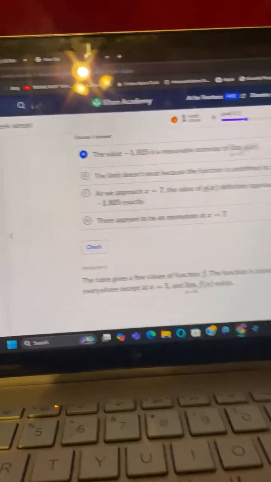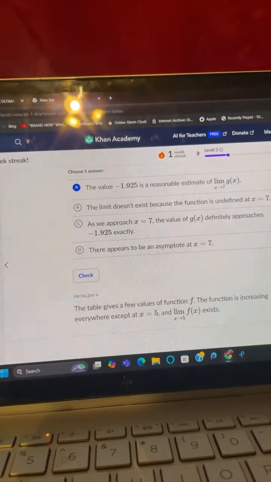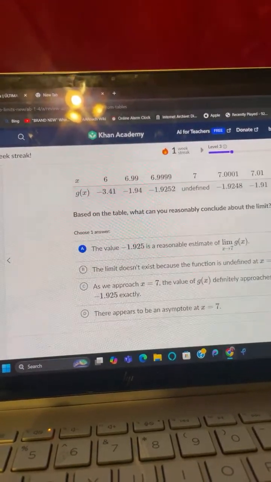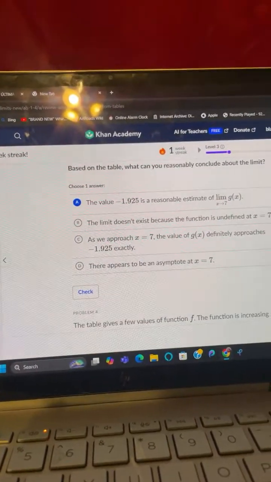This is when a limit does not exist, when this does not connect to this because of that. Okay, as we approach x equals 7, the value of g of x, ooh, that's a tough one.